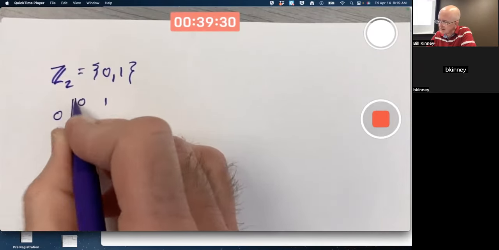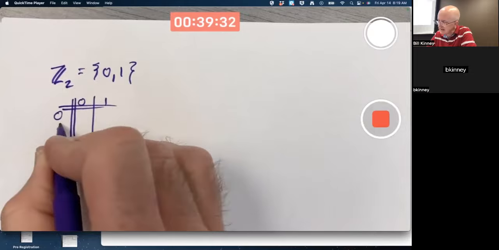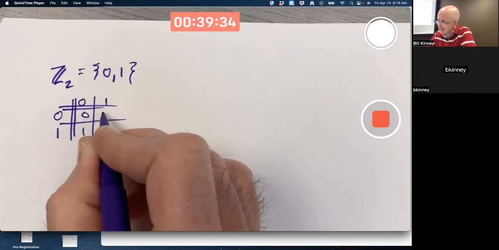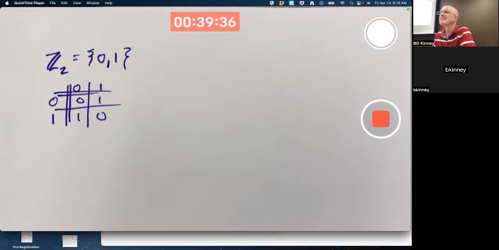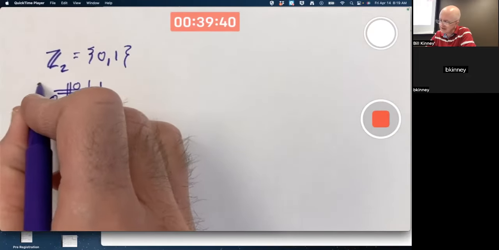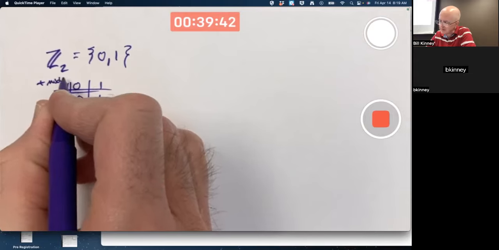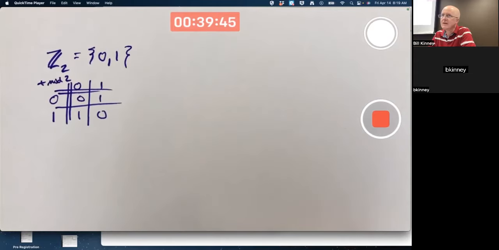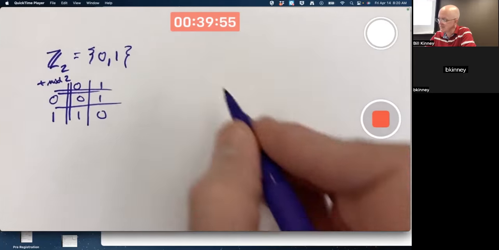Very simple. We're adding mod 2. There it is. Addition mod 2. Can we multiply? Right, rings are about 2 operations, addition and multiplication. Sure, we can multiply mod 2.